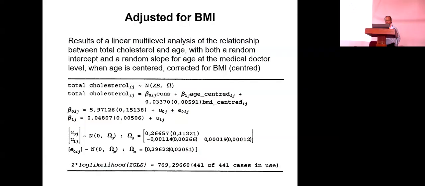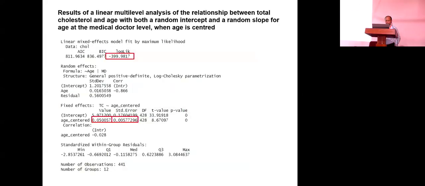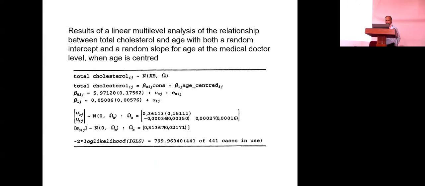Let me show it to you through this example. Here is the random intercept model with the J doctor's level and random slope model. Do you understand this one? J is attached to intercept as well as the slope. The random intercept variance is 0.36.